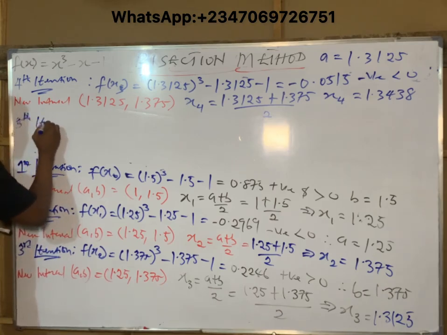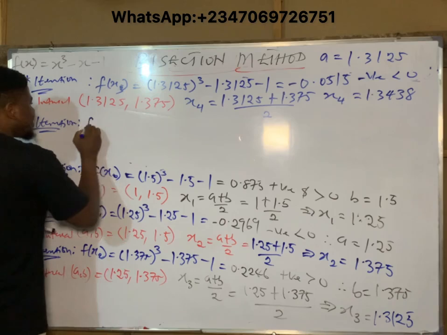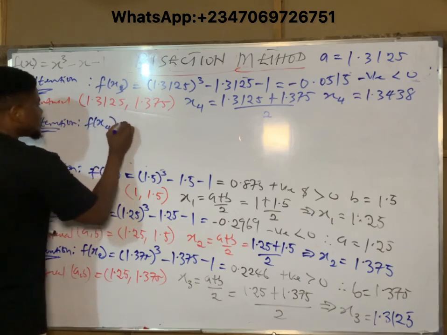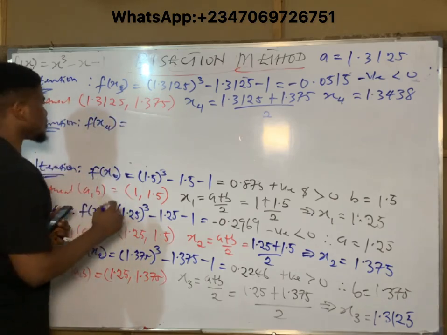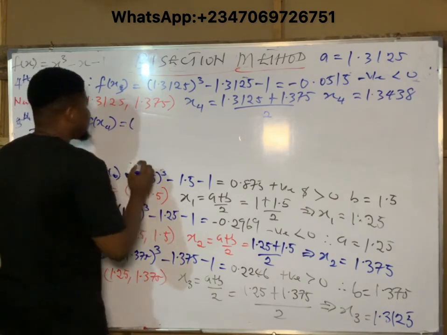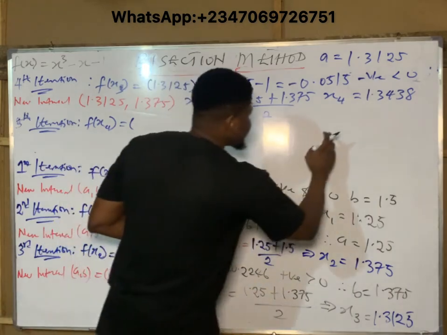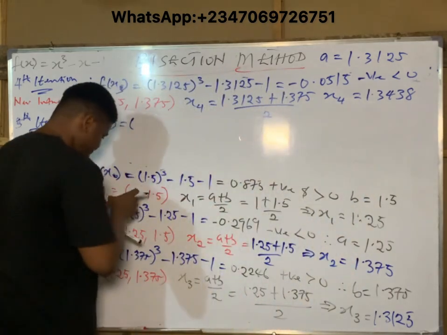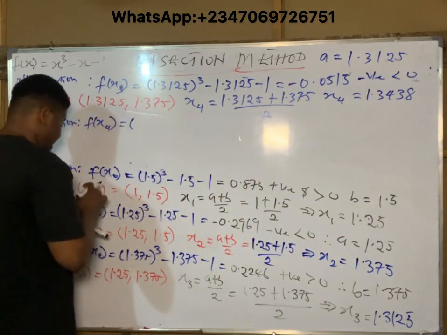So fifth iteration. This becomes now f of x4, simply plugging the value of x4 into the equation. So we have the value here, 1.3438.